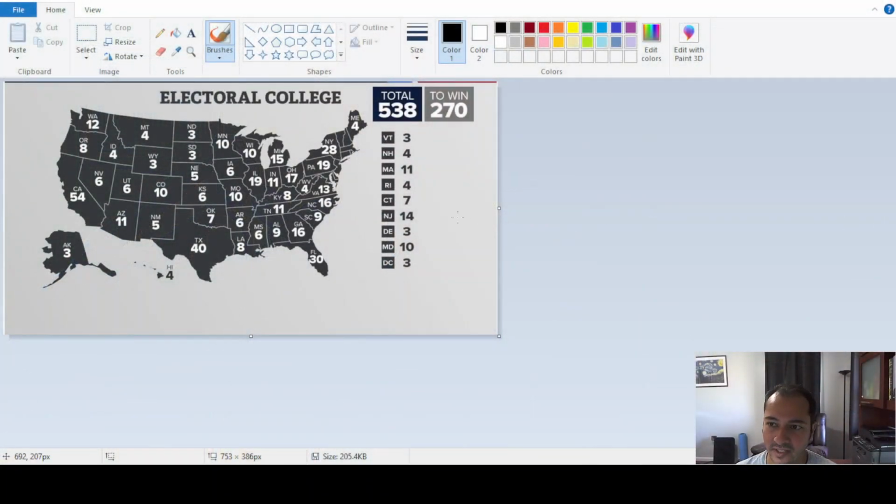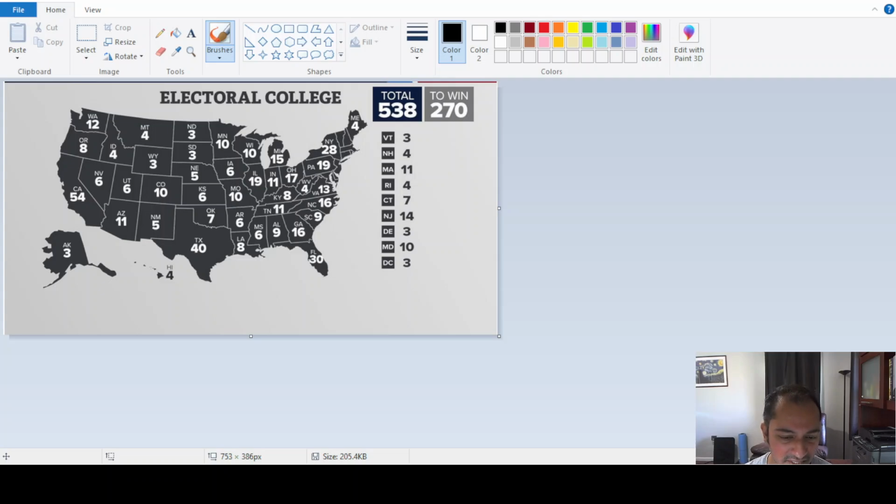Okay, so now as you can see on the screen here, this is the distribution of the electoral college votes for each state. So the states which have more population are assigned more electoral votes, and the states which have lesser population are assigned fewer votes.